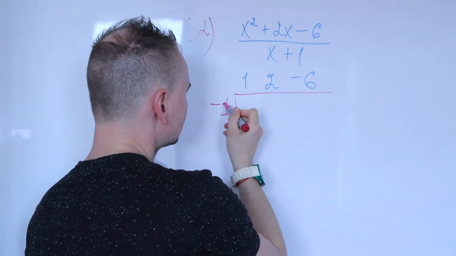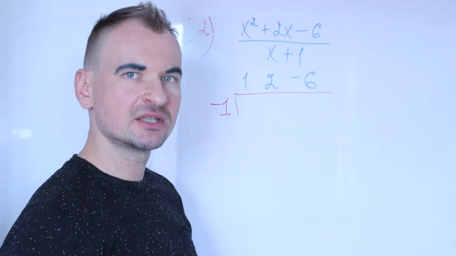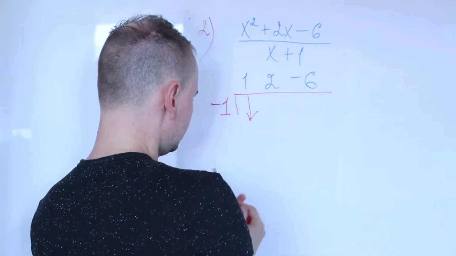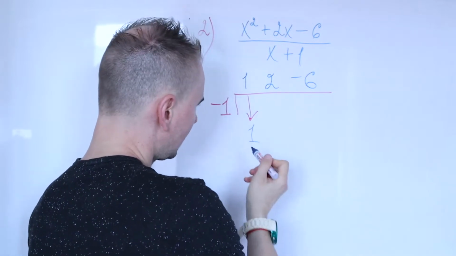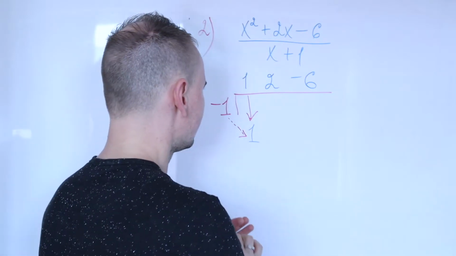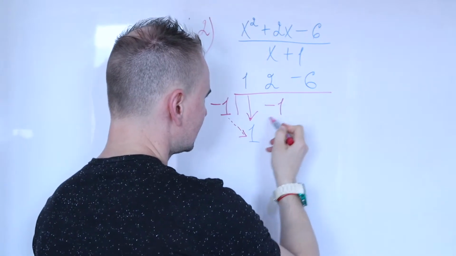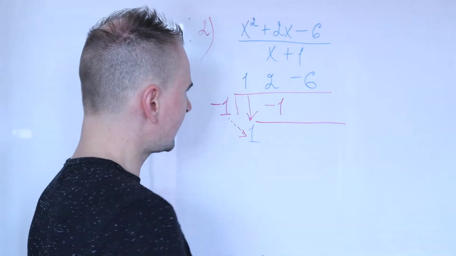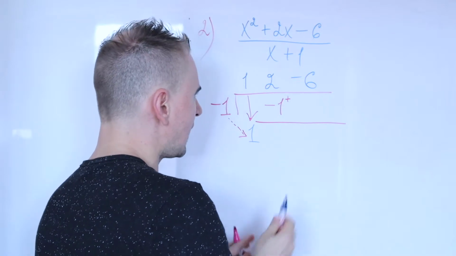So whatever makes your denominator equal to 0. I'm going to bring down this 1, just drop it down, and I'm going to multiply this negative 1 by 1, and I'm going to place it over here, negative 1. Draw a line. Alright, so we're going to add these numbers vertically. So 2 minus 1 gives you just 1.